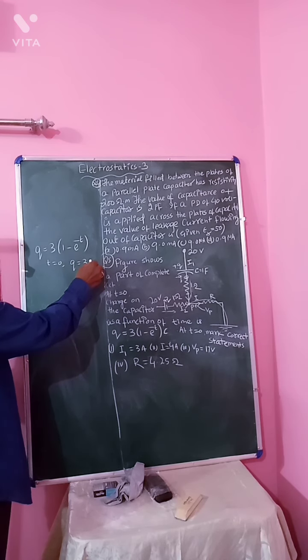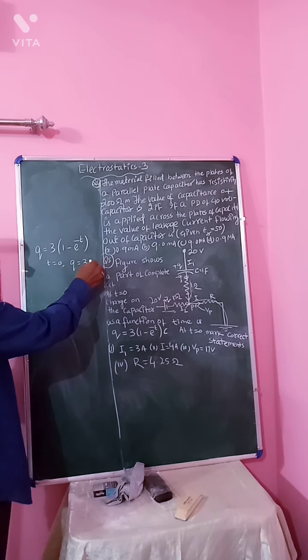So initially this capacitor is not charged, but when we connect the circuit, charging current flows. How to find the charging current? By differentiating Q, I equals 3 into (derivative of 1 is 0, so) e to the power minus t. Now at time t equals 0, I equals 3 ampere.